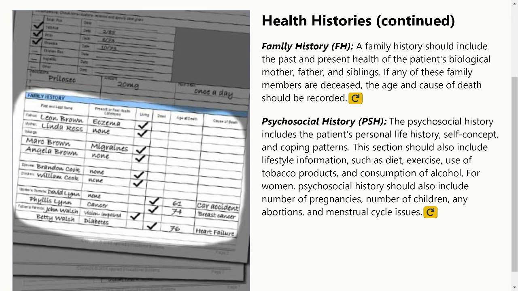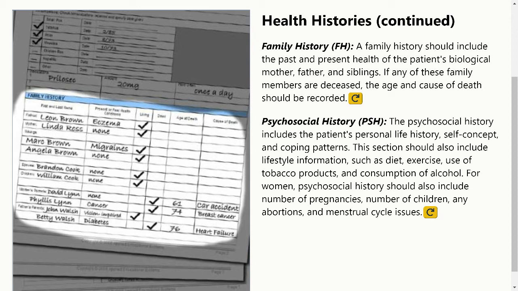So, lifestyle information, psychosocial history. In this section, it has your diet, exercise, use of tobacco, consumption of alcohol. For women, psychosocial history should also include the number of pregnancies, number of children, any abortions, and menstrual cycle issues.